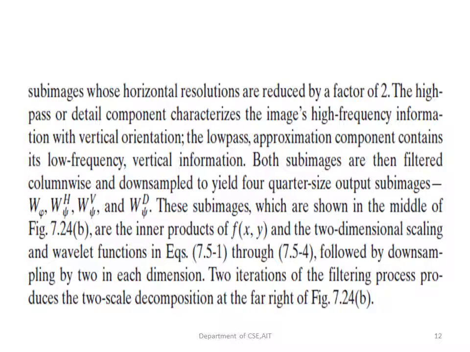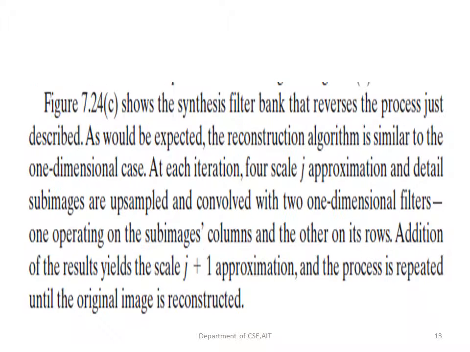2 iterations of the filtering process will produce the 2-scale decomposition at the far right of the figure B. The figure C shows the synthesis filter bank, which is the opposite of the process we have just described. As can be expected, the reconstruction algorithm is similar to the one-dimensional case.